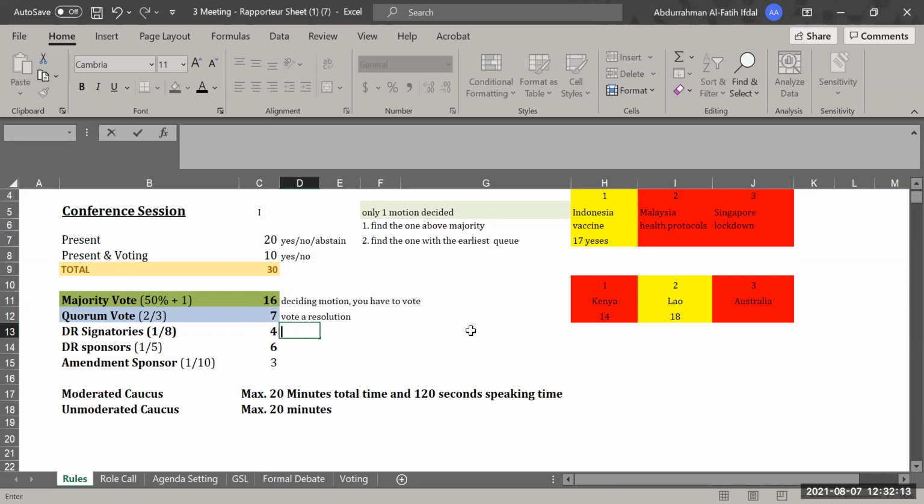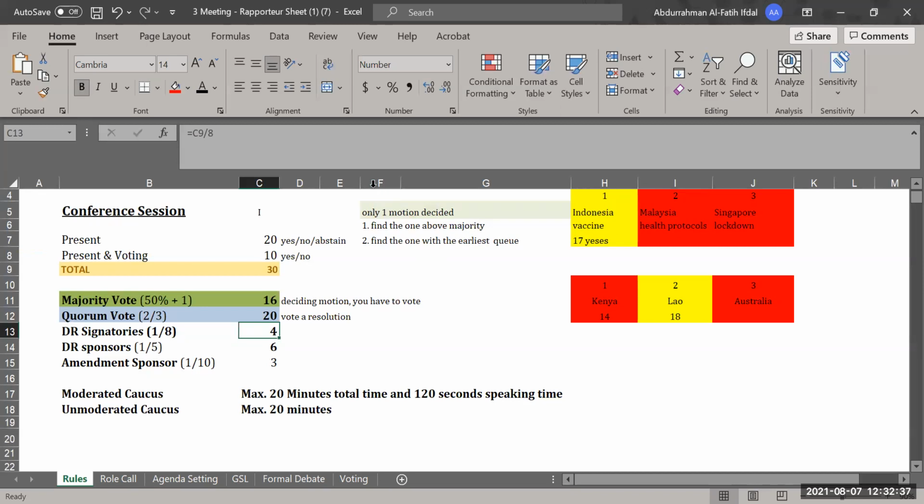Because 16 is not seen as enough. We have to look for higher numbers than 16. In this case, we're using quorum vote. So quorum vote is the total number, 30, times 2 divided by 3. The answer is 20. So for a resolution to pass, we have to reach a minimum number of 20.